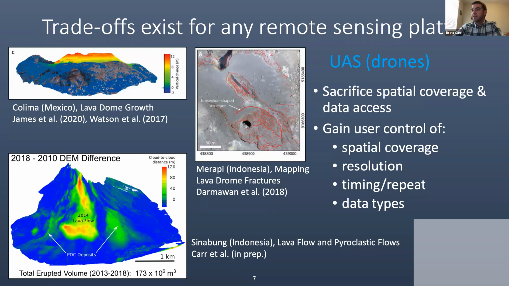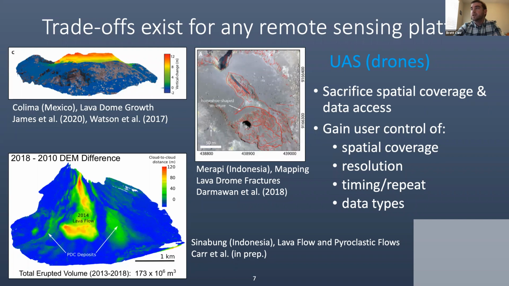Being able to define your own resolution and mapping context is a big advantage of using drones for studying volcanic systems, areas and deposits, in addition to the fact that drones are becoming a lot more affordable, easier to use and accessible. Those are the two big components of why drones have become so popular in volcanology in the last few years. The examples on this slide show different ways to use just the visual images collected by drones.